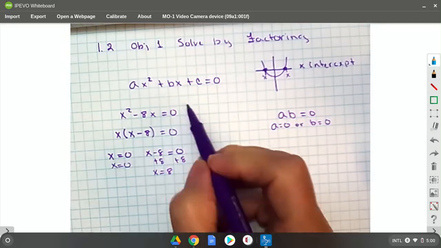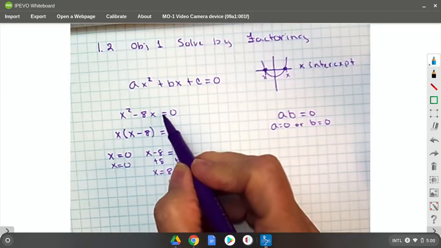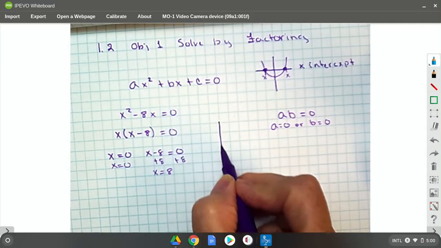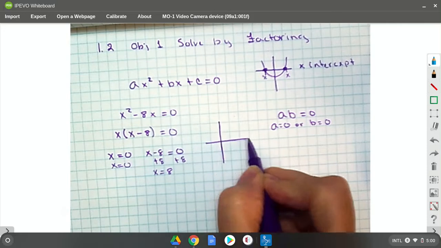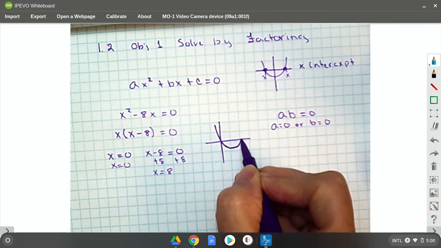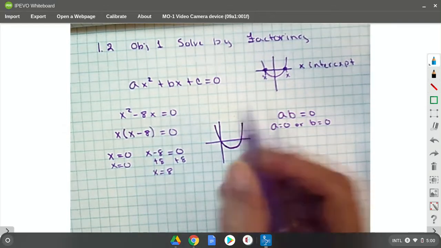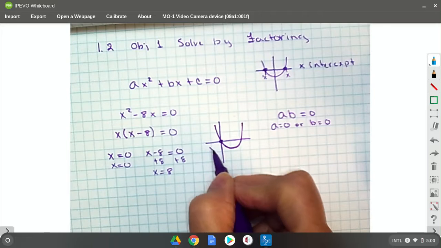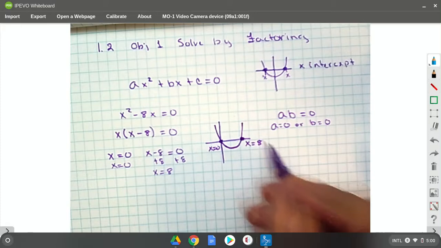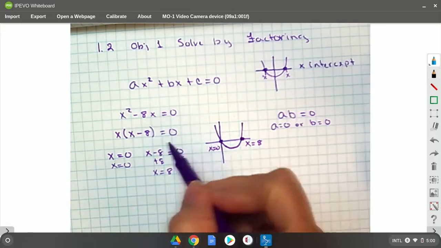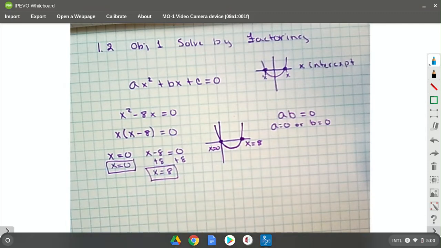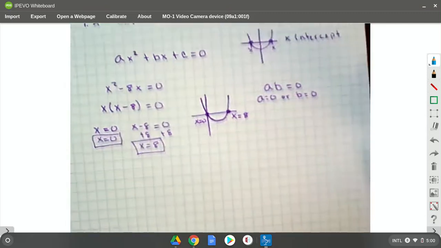So when I go to graph, and I have this for a quadratic equation, I know that when my parabola comes down and goes back up, it's going to come down where x equals 0, and it's going to go back up where x equals 8. That's what we're solving for. There's my solution set. x is equal to 0 and x is equal to 8.